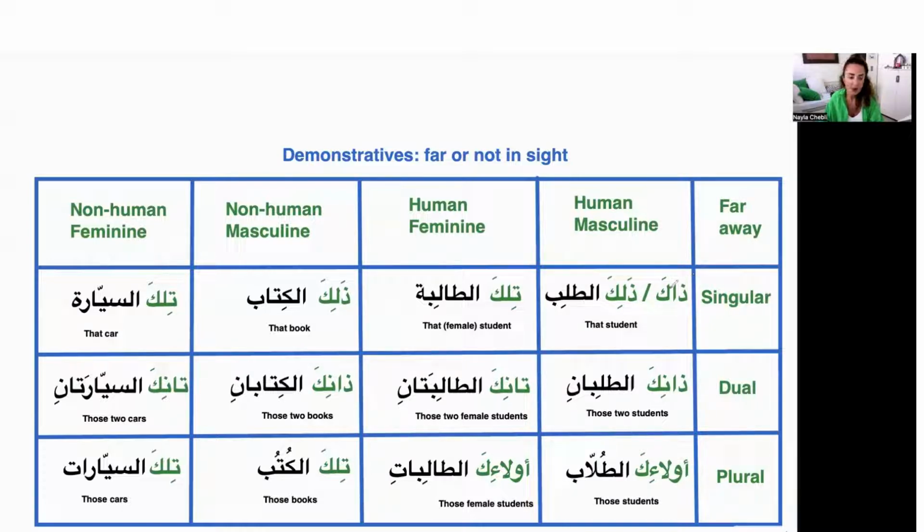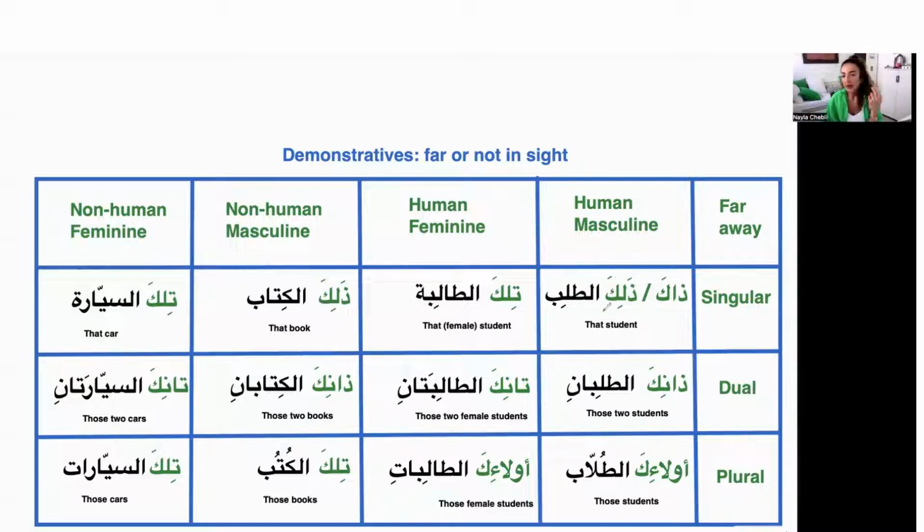Notice here I have two for human masculine singular. I have ذاك and ذلك. There's a slight difference between the two. ذاك means that the student is far away, but I can still see him. ذاك الطالب means that student. So I'm pointing to him, but he's far, you know, not this one, but that one.